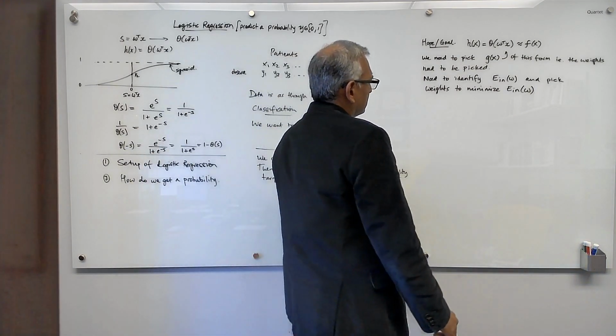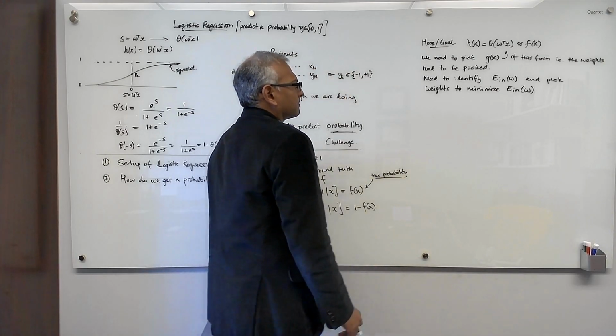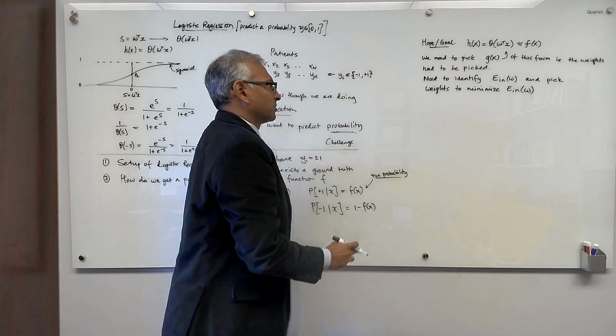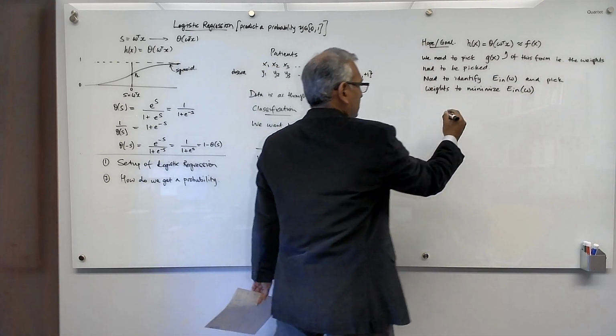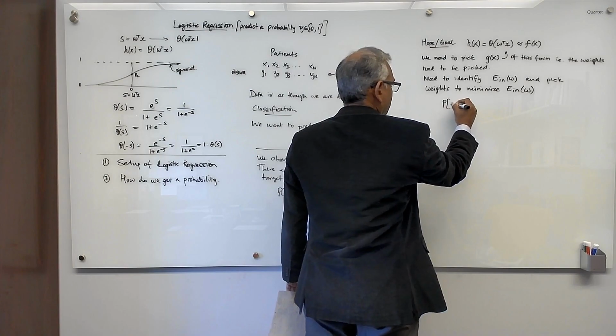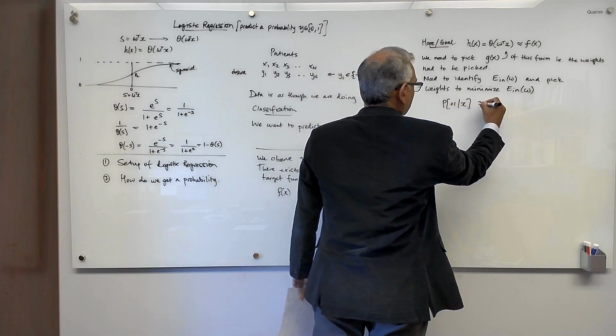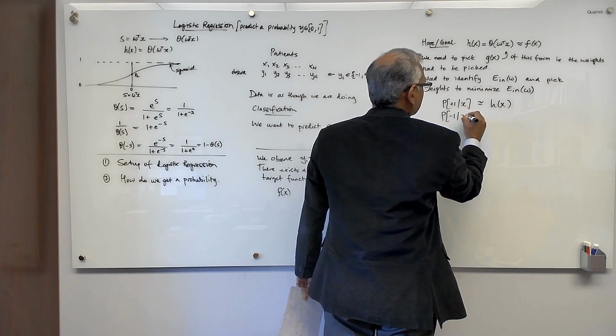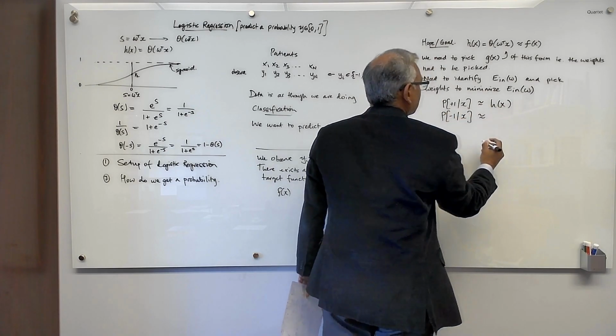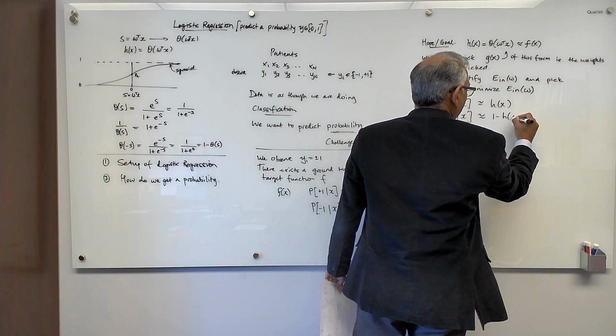Okay. So, remember, h of x is supposed to approximate f of x. So that means that the probability of +1 given x is supposed to be approximately h of x, and the probability of -1 given x is supposed to be approximately equal to 1 minus h of x.